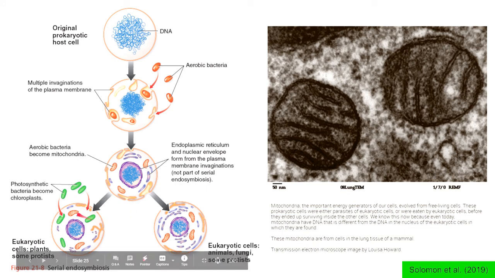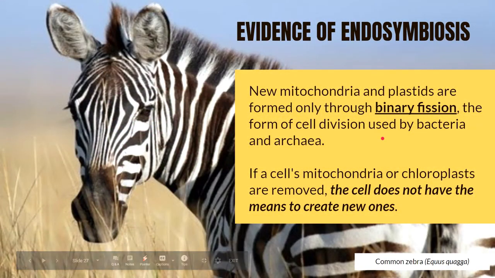So a mitochondrion can only come from another mitochondrion. A chloroplast can only come from another chloroplast. So the cell does not create its mitochondrion or chloroplast. They can only be passed on through cell division. So again, that's another proof.